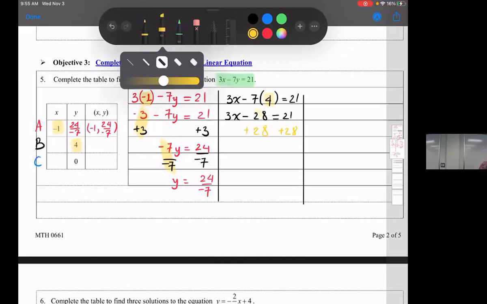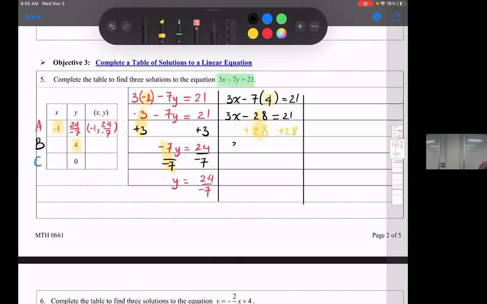That cancels. 3x equals 49. Divide both sides by 3. X equals 49 over 3. Don't stop there. You have to fill in the little table on the left. So X is 49 over 3, and then complete the point. The point will be X first: 49 over 3, comma 4. Sorry, my 4 looks like a 9. Here's 4.